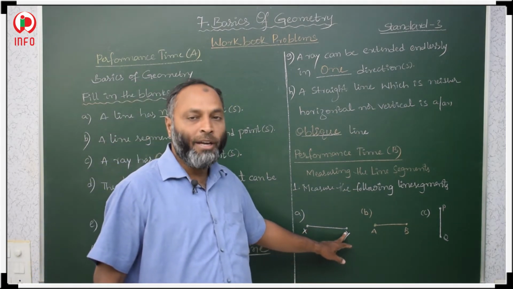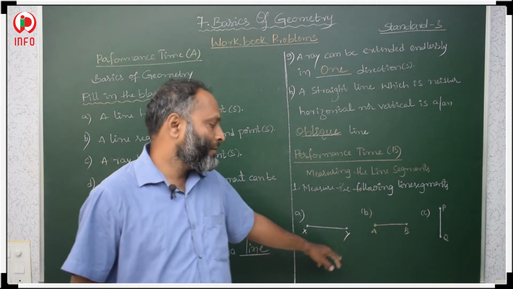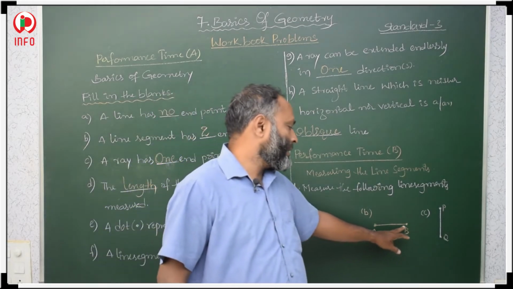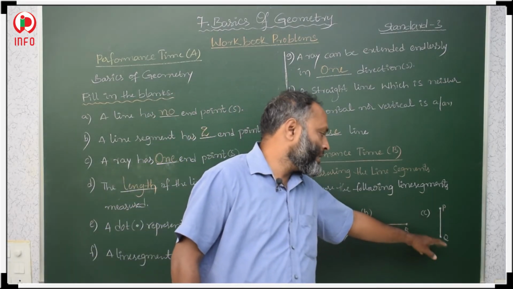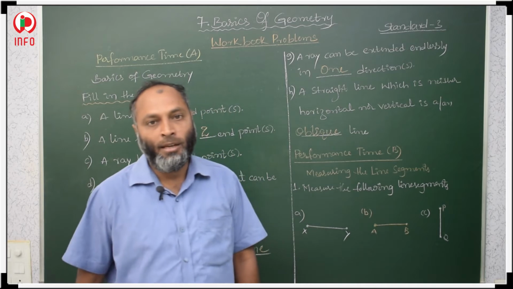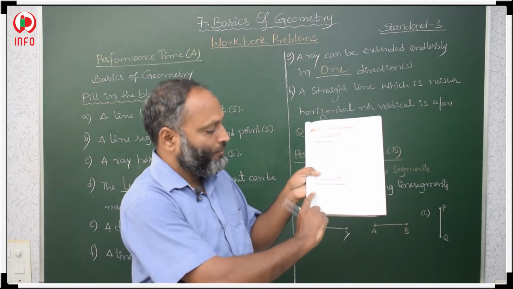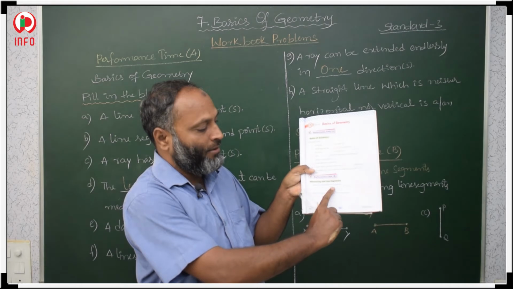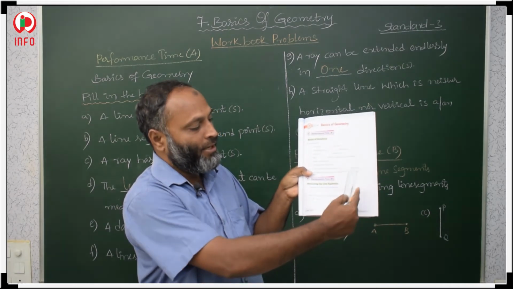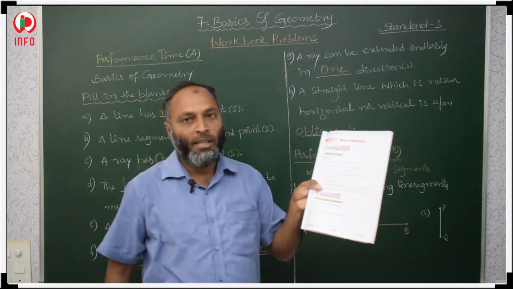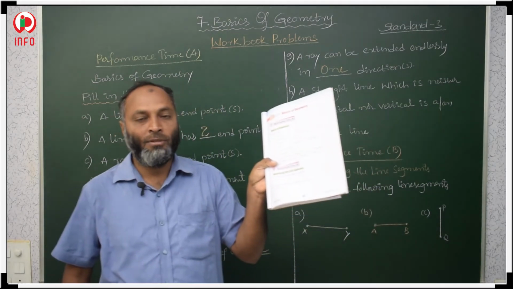So we have to measure the XY line segment length, and the AB line segment length and the PQ line segment length. In your textbook, the XY, AB and PQ line segments are given. This line segment length we have to measure.